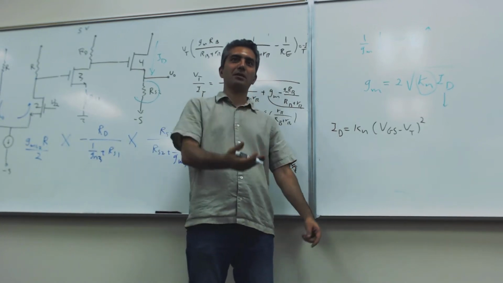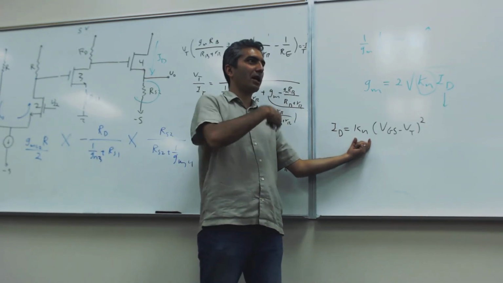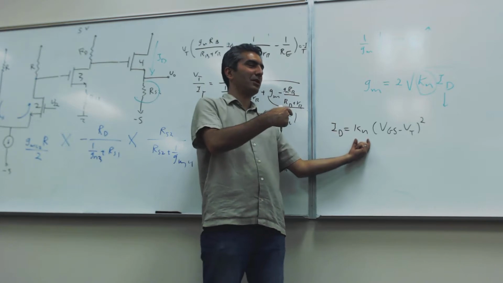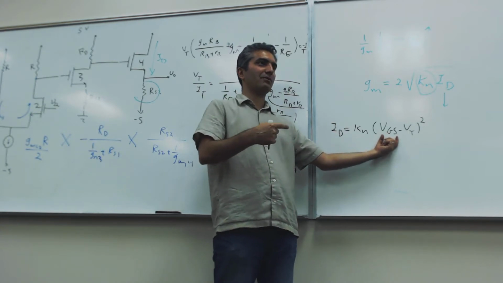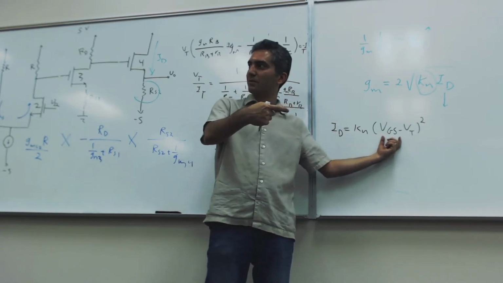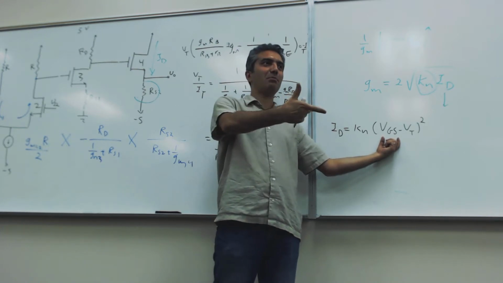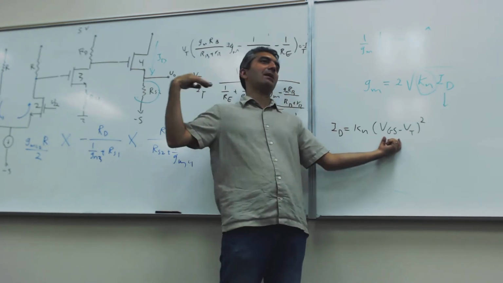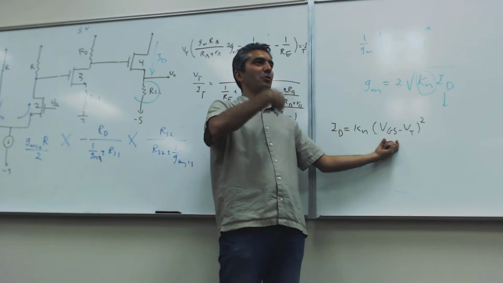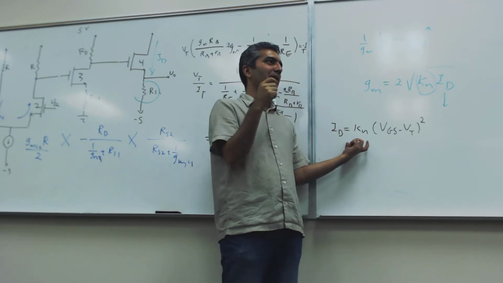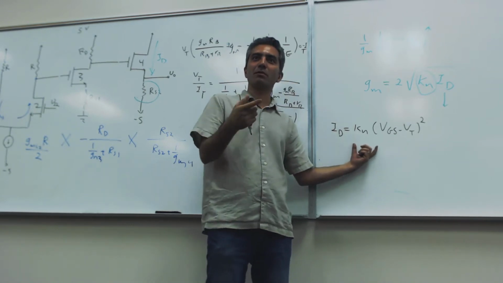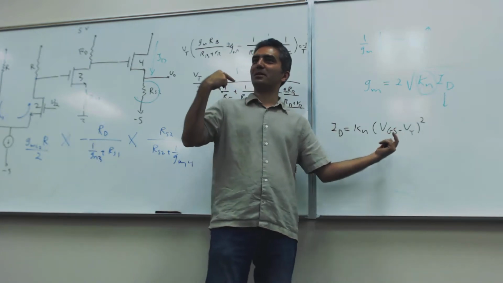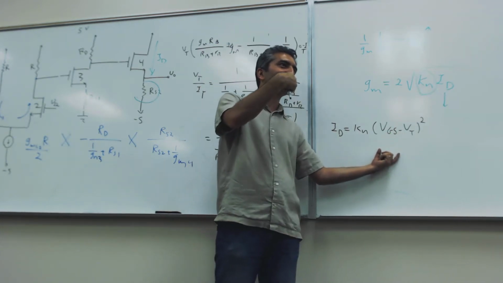So now your Kn is different, so ID is going to change. In other words, that immediately changes VGS. So with the same circuit, now your current goes up. The current goes up, and then it heats up more. It's a vicious cycle.